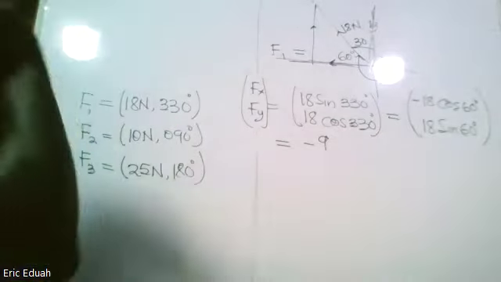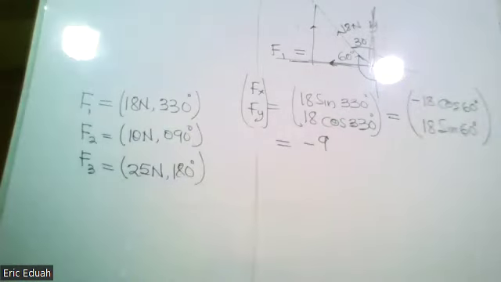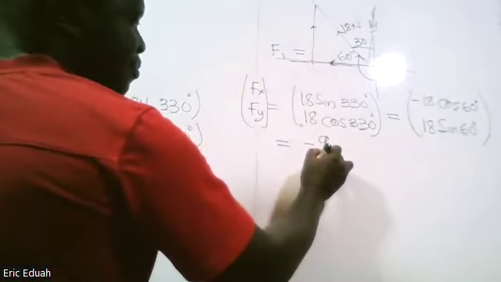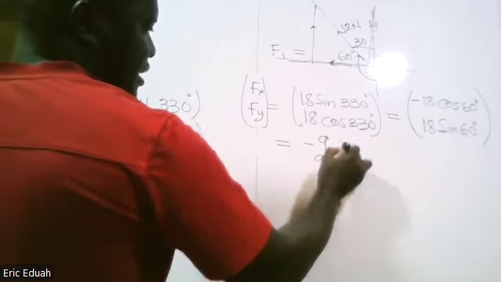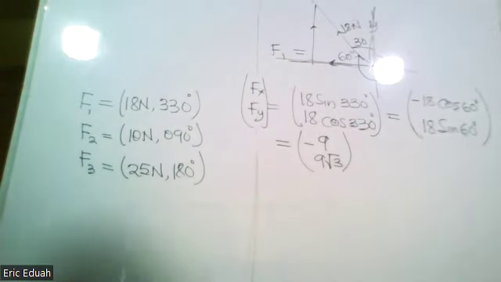Then sine 60 or cos 330 is root of 3 on 2. So this will also be equal to 9 root of 3. You can express it in decimals. You are not wrong.